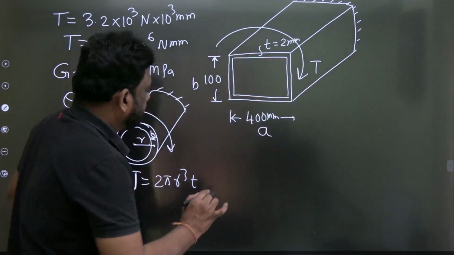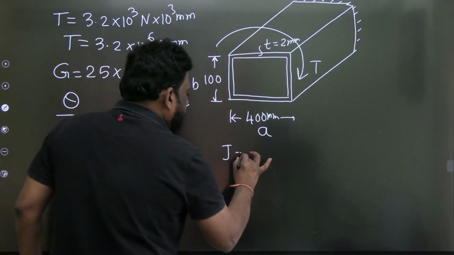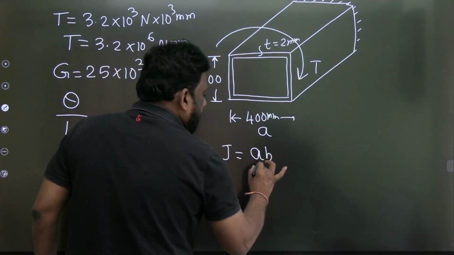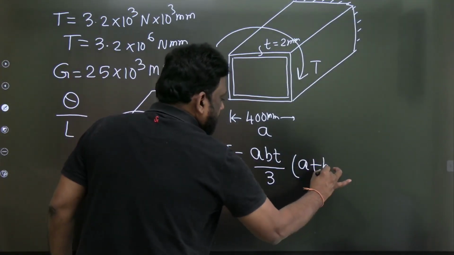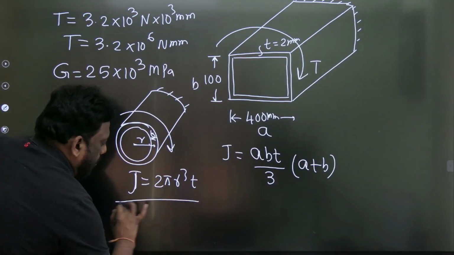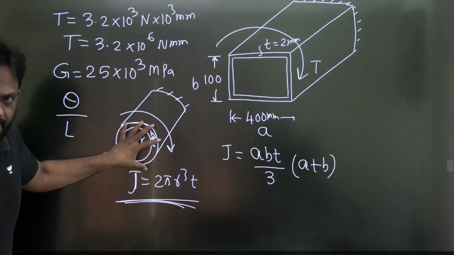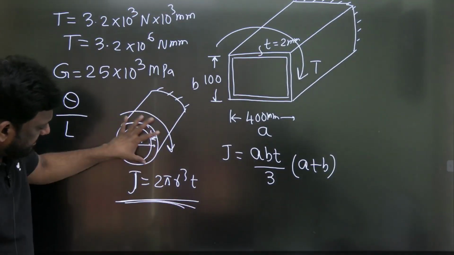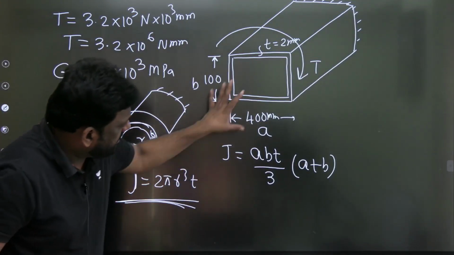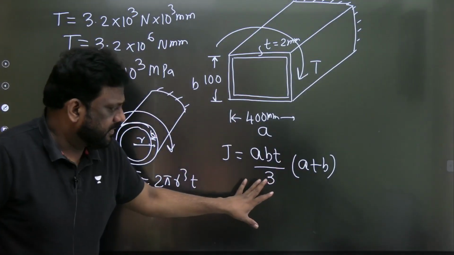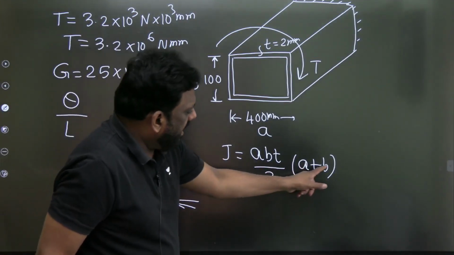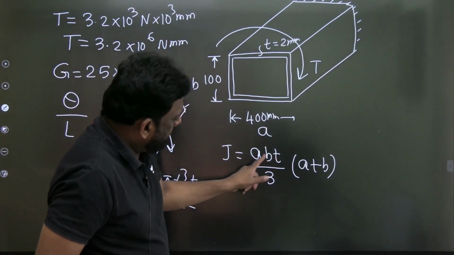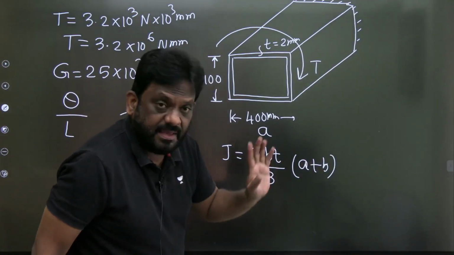Look, this is thin. The polar moment of inertia is given by ABT by 3 into A plus B. Similar to the way we got it for the circular section. Look at the unit: A and B are in mm, mm cube into mm is mm power 4.